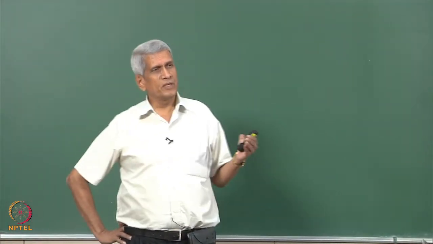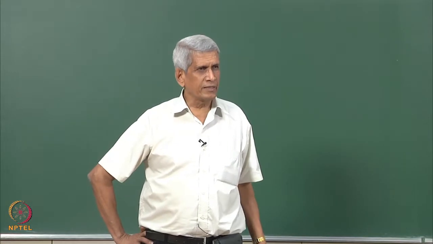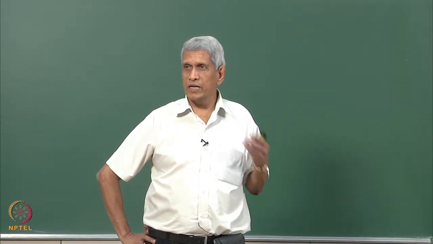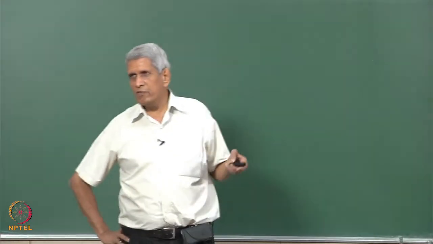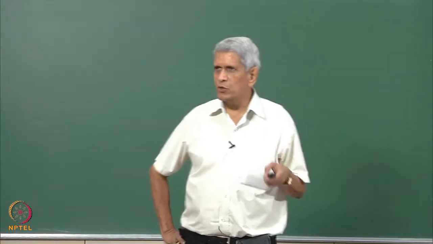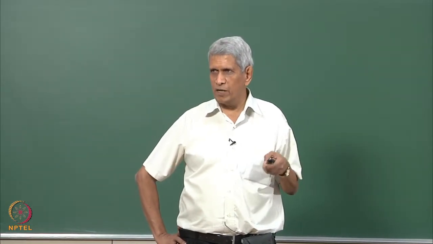What are the symmetry elements which we considered for point group in two-dimensional crystal? Rotation and mirror. These are the two symmetry elements which we consider. In the case of a three-dimensional lattice, in addition to rotation and mirror, we will be considering inversion also.